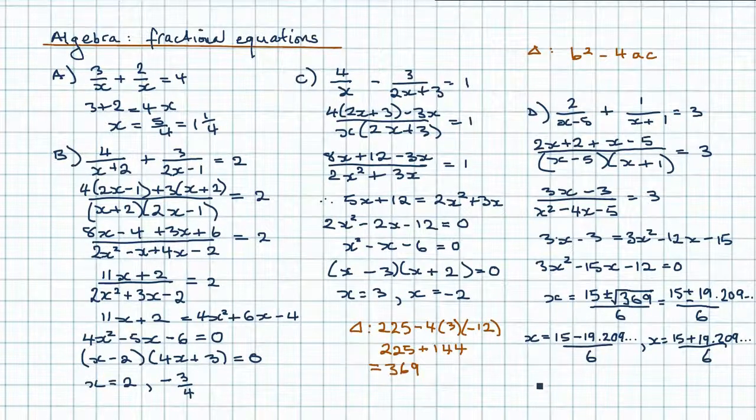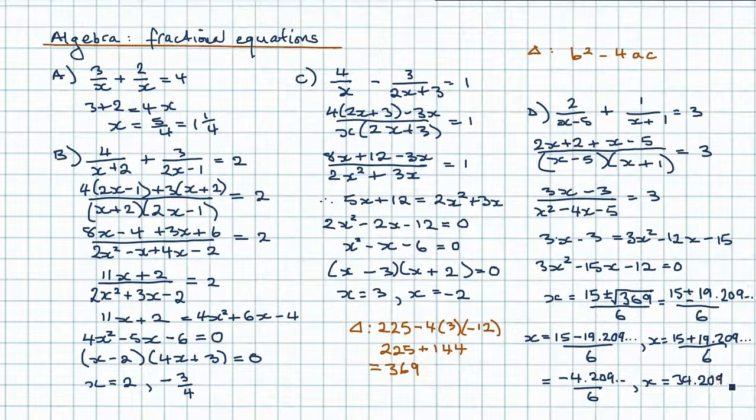So here we've got minus 4.209 divided by 6, and here we've got x equals what's it going to be? 34.209 divided by 6.